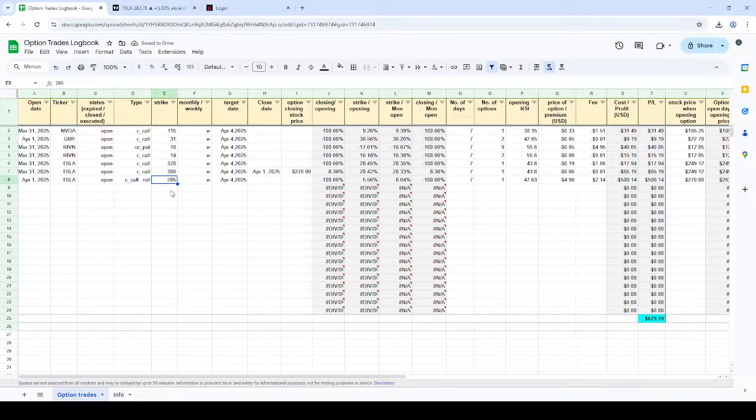Because of this rolling, it was still within the same week, but for a lower strike price, I got additional premium, and my premium for this one was 500. I had to buy back this one, so actually it is closed.